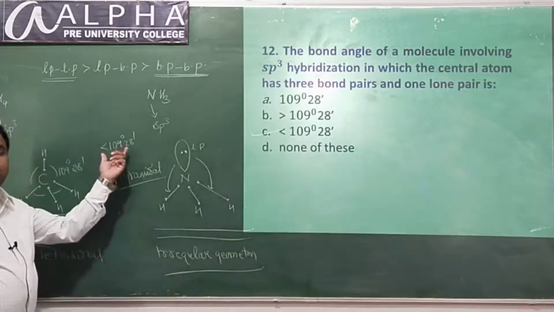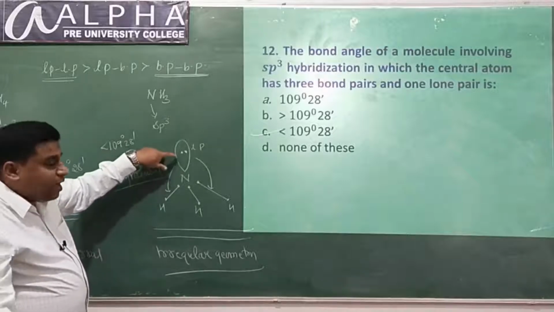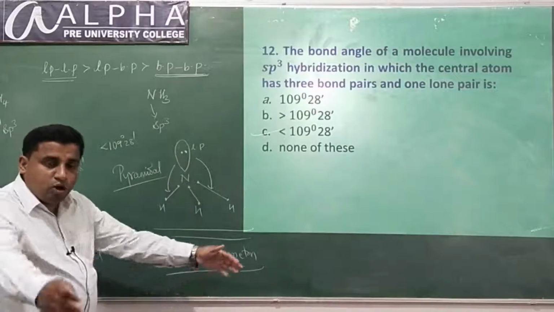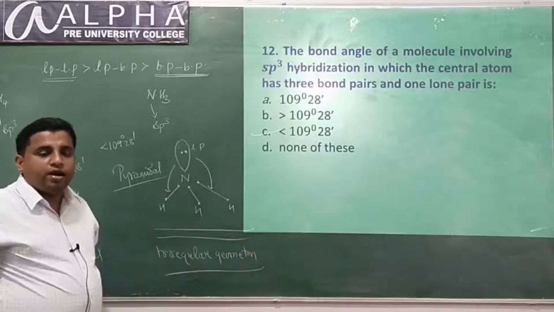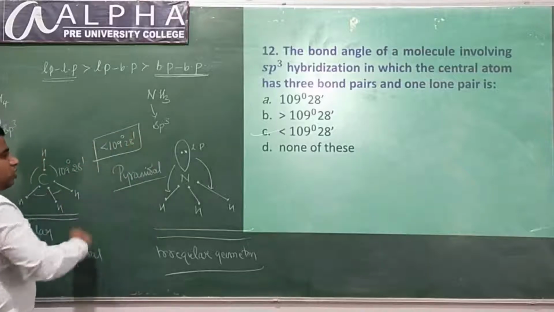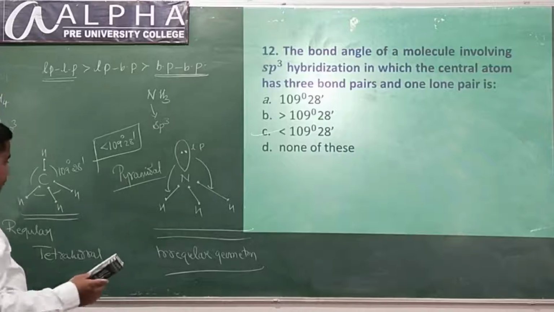The lone pair is repelling the bond pairs, and hence the bond angle will be less than 109 degree 28 minutes. Is that clear? So what is the correct answer? C. Yes, exactly.